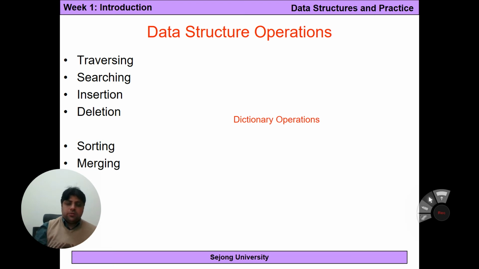These are the different operations that we can do with our data. There are also some dictionary operations related to sorting the data or merging the data. So these are some of the data structure operations that we can play around with our data.